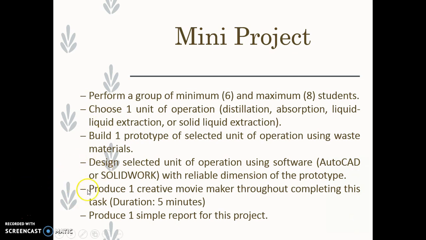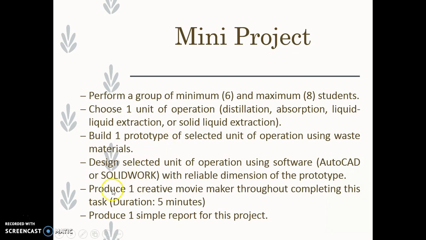You need to build one prototype of the selected unit operation using waste materials. You will also need to design the selected unit operation using software, either AutoCAD or SolidWorks. The design must have reliable dimensions for the prototype that you will build.